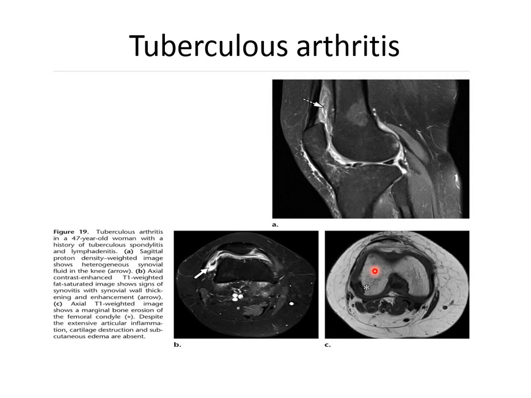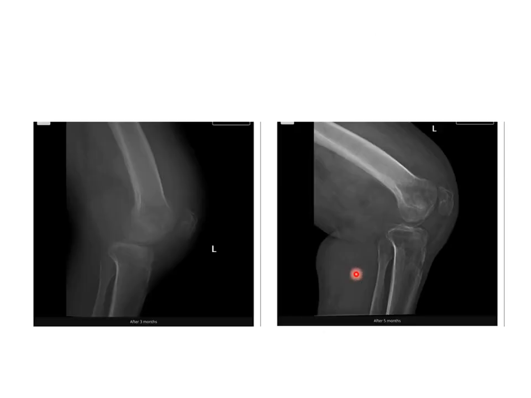Tuberculous arthritis: the tuberculosis involves the joint, most commonly the hip and knee joint. As we see in the plain X-ray, after a period of 3 to 5 months, there will be periosteal reaction, joint space narrowing, osteopenia, and erosion.